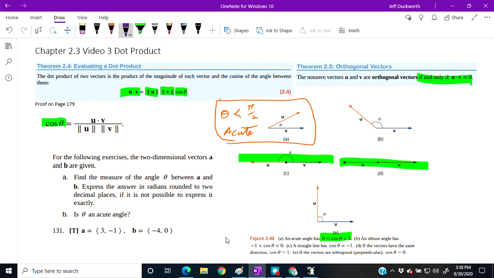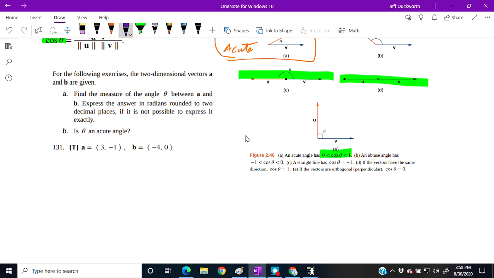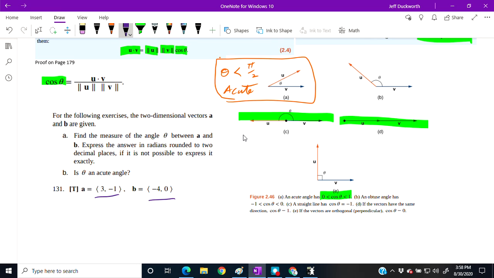So we're given, let me scroll down a little bit. We're given vector A is 3 and -1. Vector B is -4 and 0. So we're going to use this formula here to find cosine of theta and thus theta.